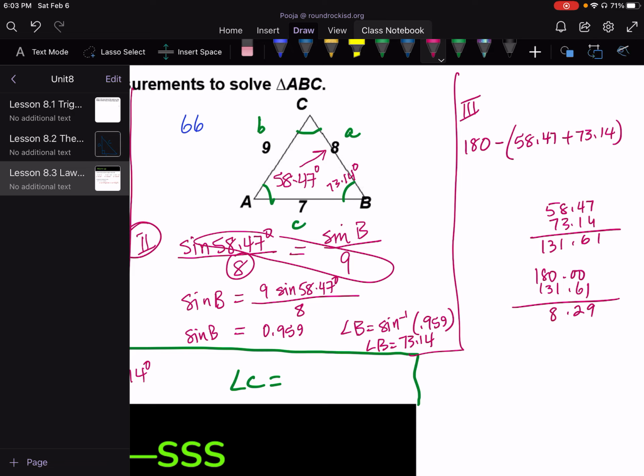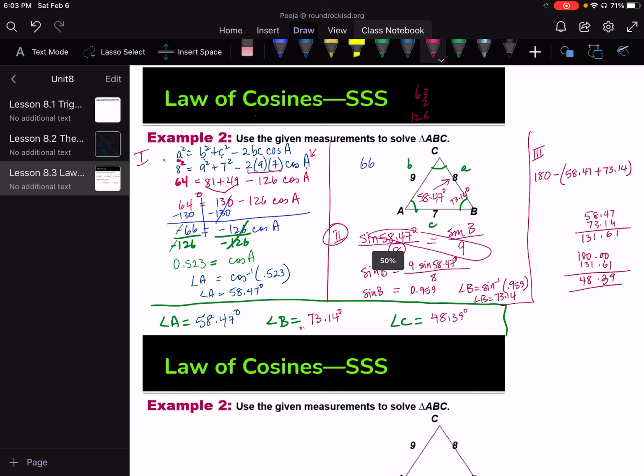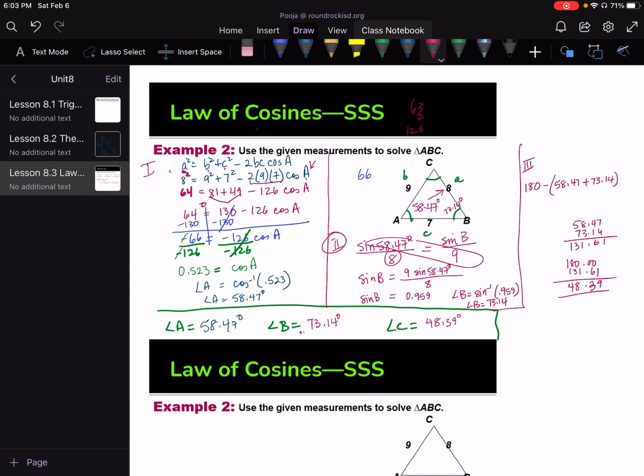And I can check it. I think this is 48.39. And if there are any errors, please find them and let me know. Three steps, and I was able to solve the triangle. Yes, a lot of computation.